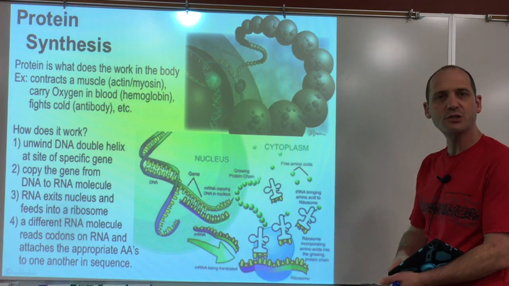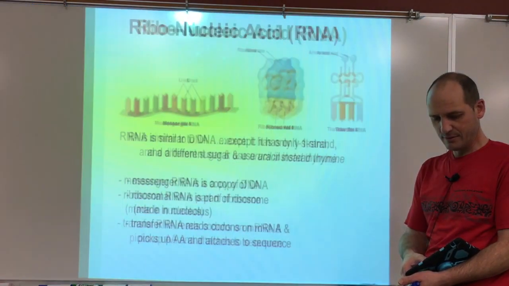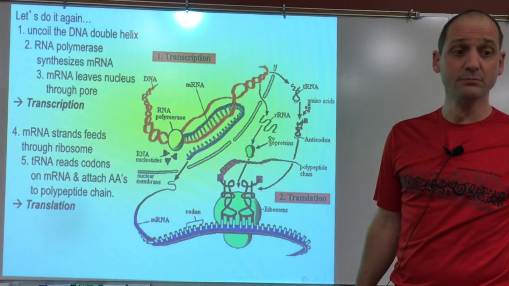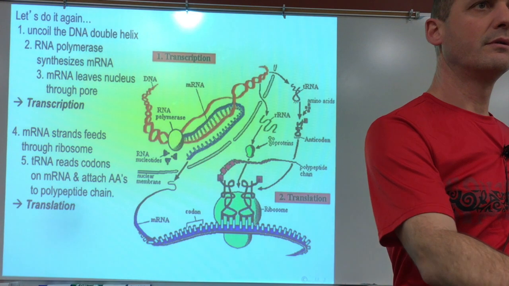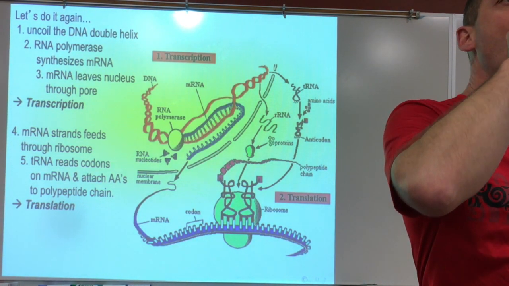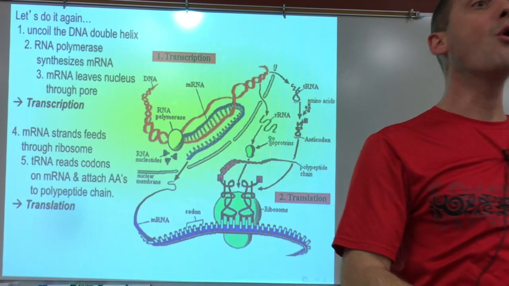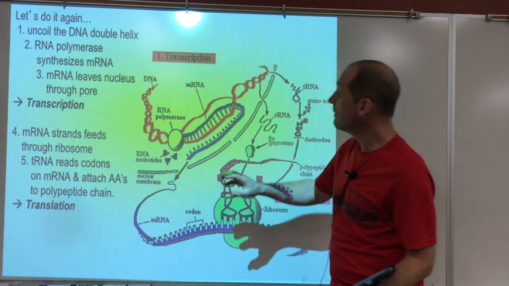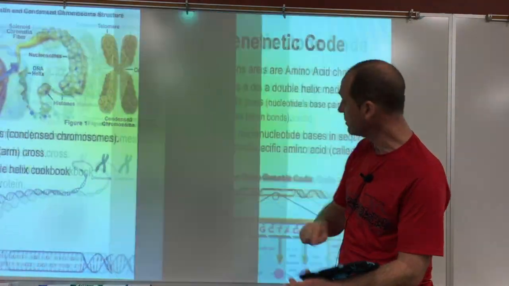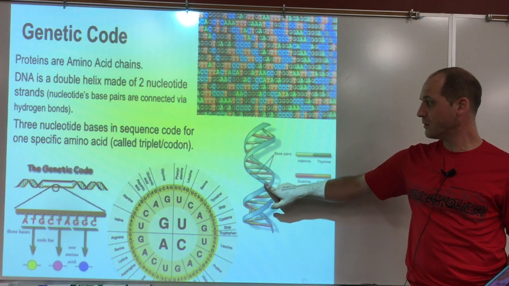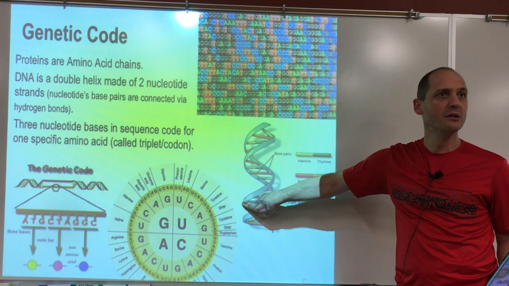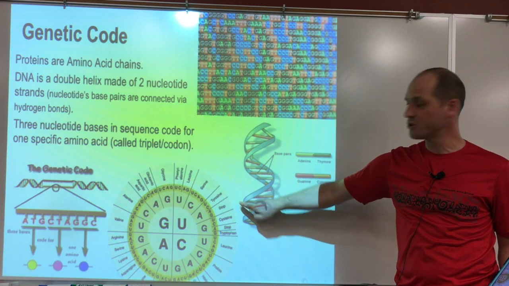All right, good. Any questions to this so far? Yes? So if the DNA is made up of two nucleotide strands, and the RNA is a copy, it only has one strand? Oh, good question. Since you have complementary base pairs, one strand goes one direction and the other is the same thing, just going the other direction.